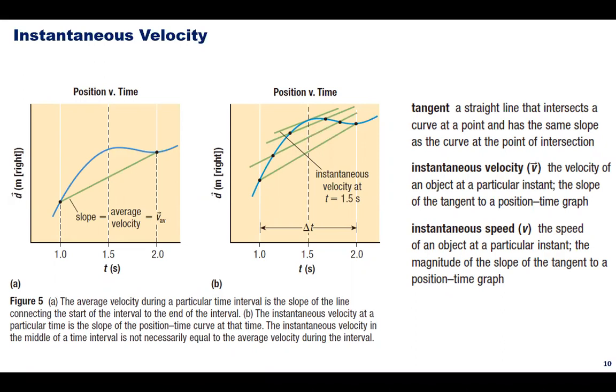The difference between the average and instantaneous values could be understood using the analogy of a car's speedometer. The speedometer reading gives your instantaneous speed, which is the magnitude of your instantaneous velocity at a particular moment in time.